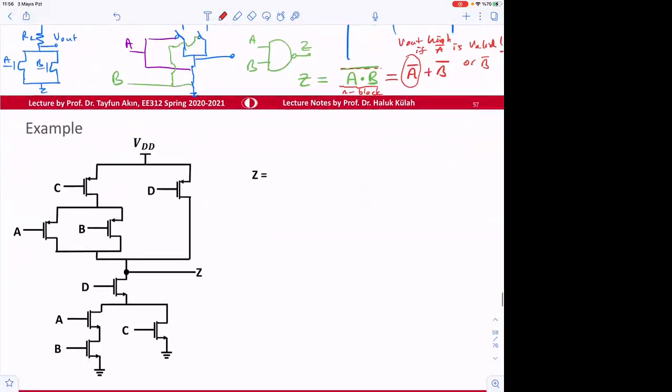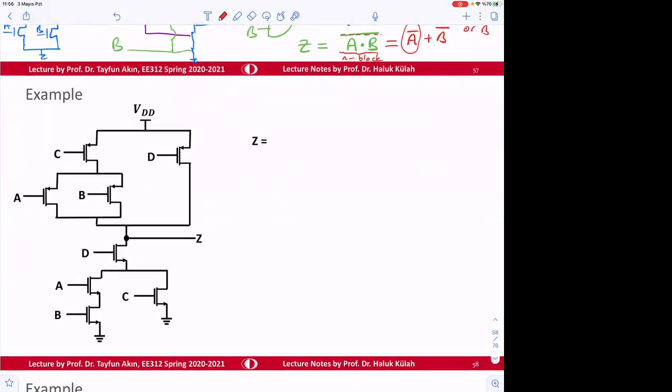So with the same concept, we can implement more complicated devices. Here is an interesting device. So this is maybe what we will be calling the N block.